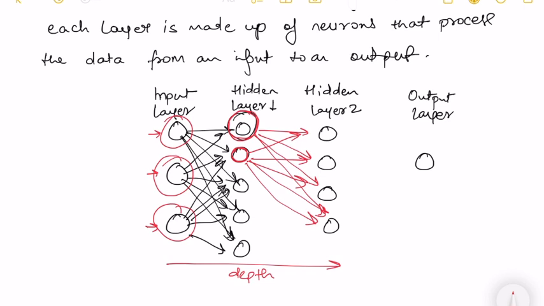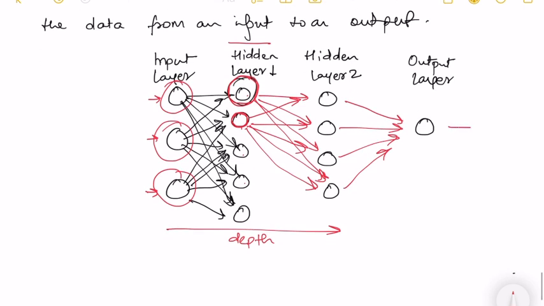So the width of hidden layer 1 is 1, 2, 3, 4, 5 because it has 5 neurons here, and the width of hidden layer 2 is 4 neurons. Similarly, at the output layer, this output neuron will receive inputs from every neuron in the previous layer, and will also perform the mathematical function that we saw for a neuron and then give an output.